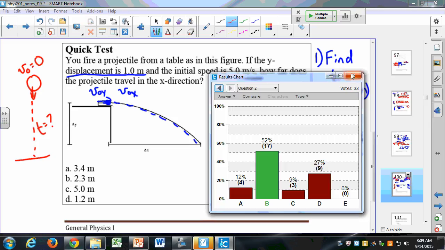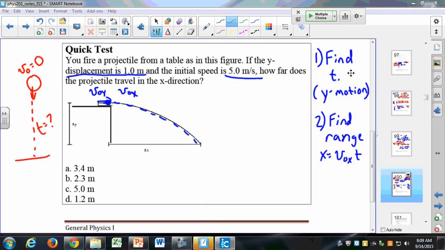So our v naught is equal to 0 here. If I want to find that time, I just say y is equal to v naught y times t plus 1/2 a y t squared. This term goes completely away. y is equal to -1. Remember, our y naught is equal to 0, so y is equal to a negative value.